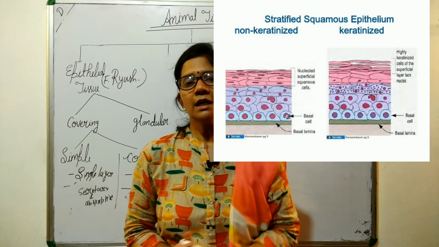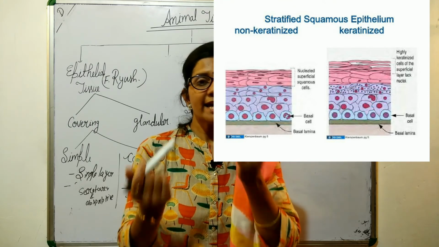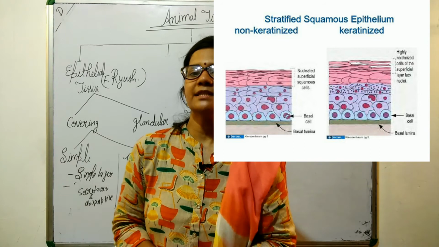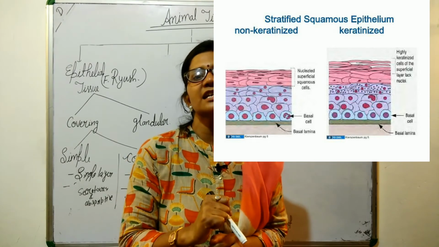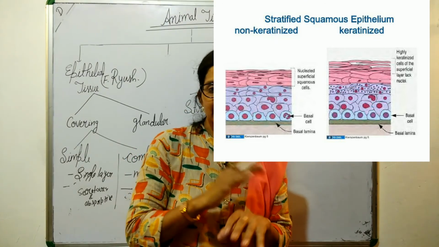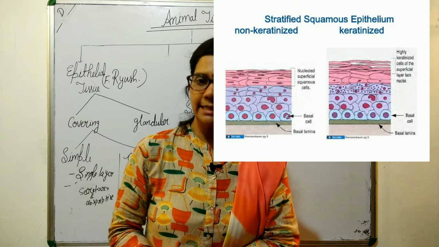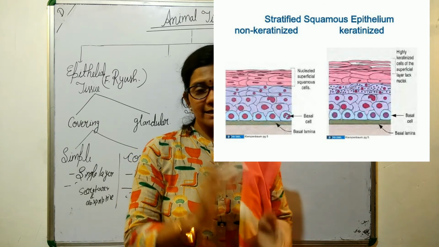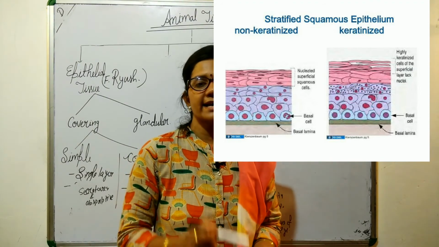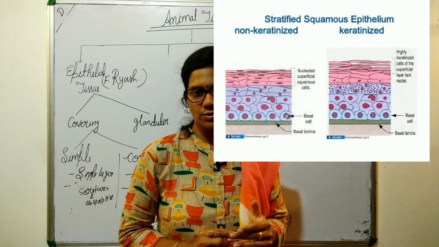Then come to the non-keratinized. It is the same thing, but the stratified epithelial tissue is exposed to the internal environment, meaning the covering of the internal organs, so they don't have a dry environment. They don't need keratin, and because of the absence of keratin, it is known as non-keratinized stratified squamous epithelial tissue.